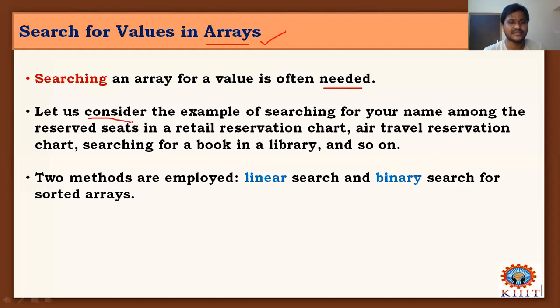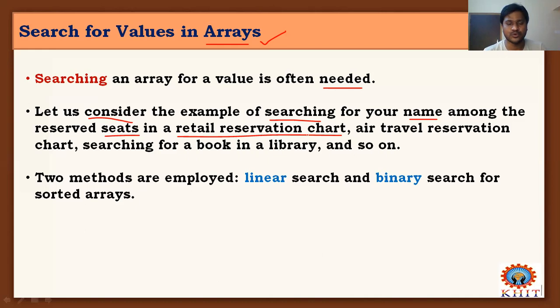Let us consider the example of searching for your name among the reserved seats in a railway reservation chart. We generally do this when using train transportation and we have a reserved seat.